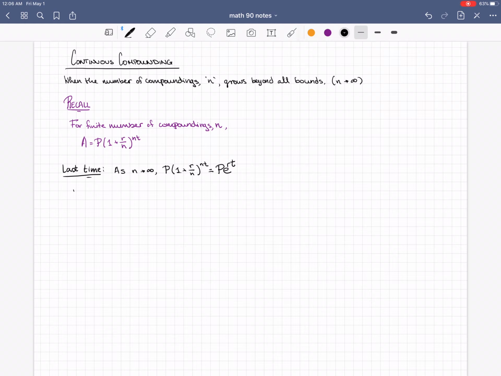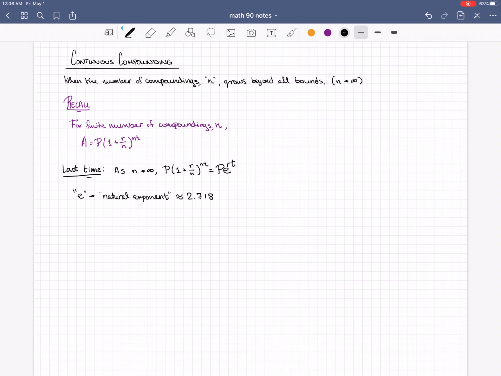So of course, e here is that number we've mentioned many times. It's called the natural exponent, or you can also call it the natural base. And it's an irrational number. It goes on forever, but it's approximately equal to 2.718.